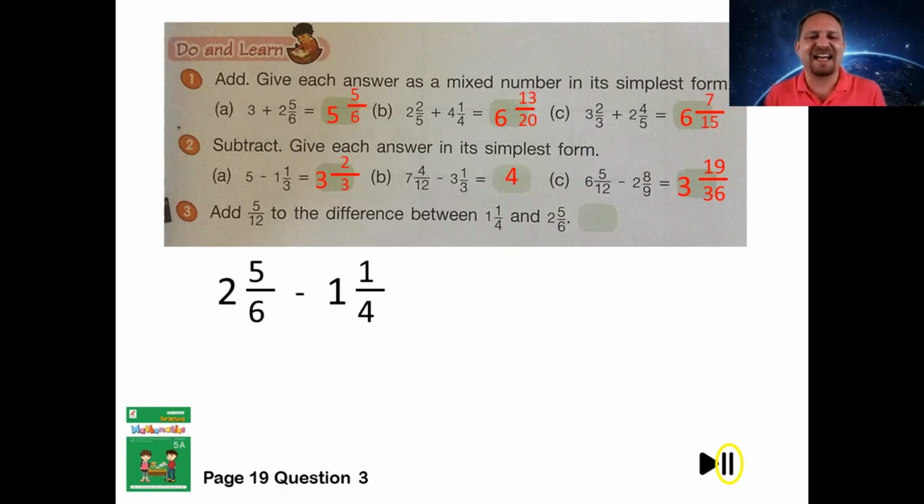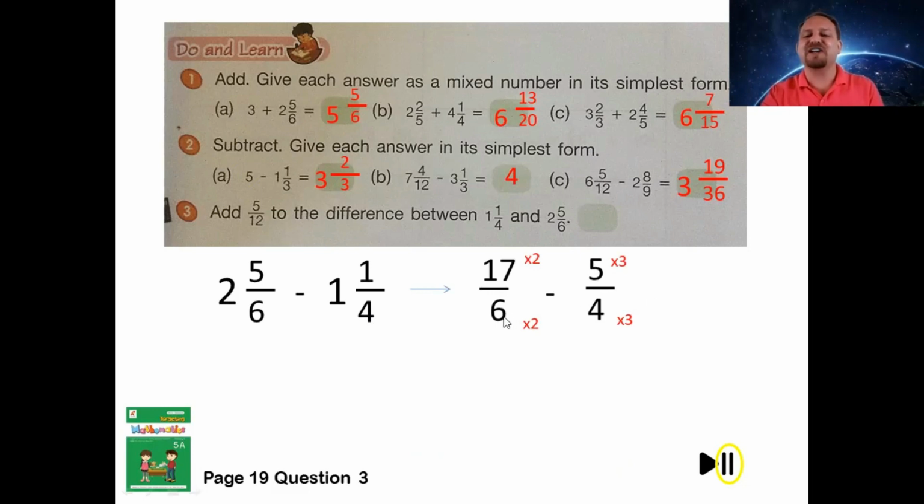Okay, and we're back. I hope I explained that clearly. Sorry. So your answer from 2 and 5 over 6 minus 1 and 1 over 4. Now you add 5 over 12 onto that. Okay, what do I mean? Well, 2 times 6 plus 5 gives us 17 over 6. 1 times 4 plus 1 gives us 5 over 4.